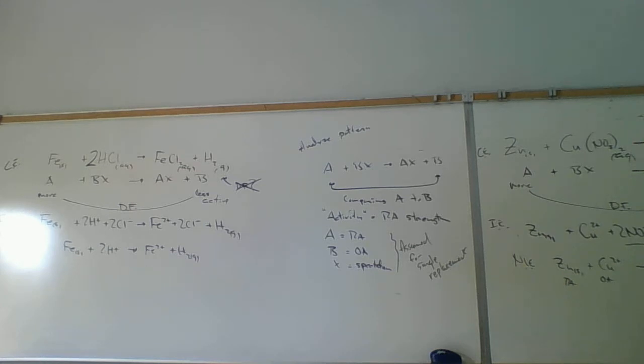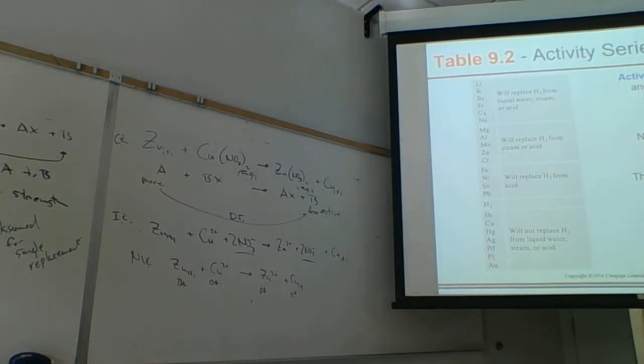Magnesium, aluminum, manganese, zinc, chromium will not react with liquid water. However, they will react with steam or acid. Iron, nickel, tin, lead will react with acid. Copper, silver, palladium, platinum, gold will not react with acid. And so where does that come from? Well, that gives you an idea of the reactivity of these metals, and that's going to come from this chart here.